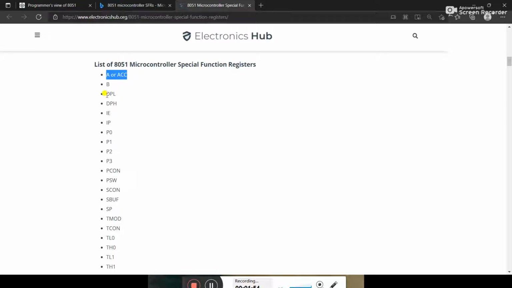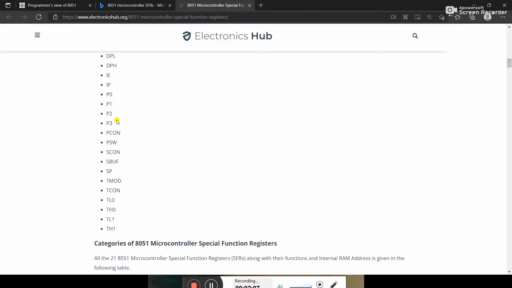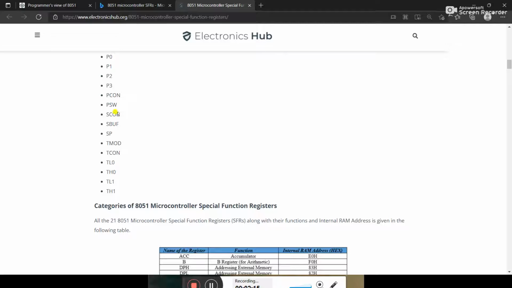Next are DPH and DPL. These two registers belong to the DPTR, and DPTR is your data pointer. IE is your interrupt enable register. IP is your interrupt priority register. P0, P1, P2 and P3 are the port registers.